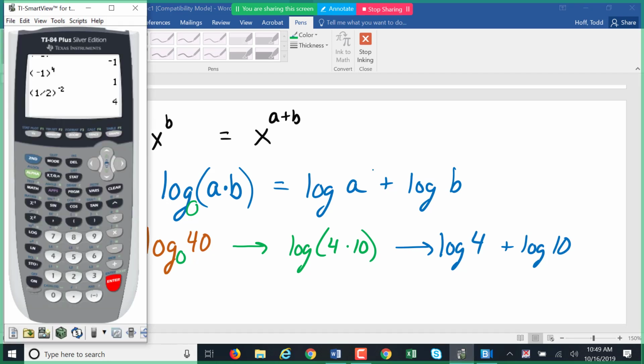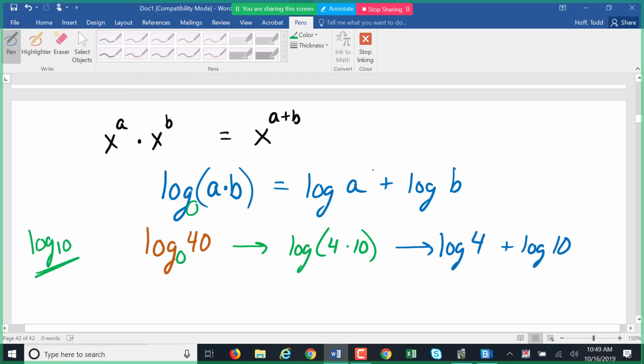You can see right here, log. That log key is a base of 10. It's not written there, but that's a log base 10. You can see there's an ln key, that's a log base e. All other bases of logs we're going to have to work with differently, to try to calculate them. We'll look at something called the change of base formula in a little bit before we're done today.